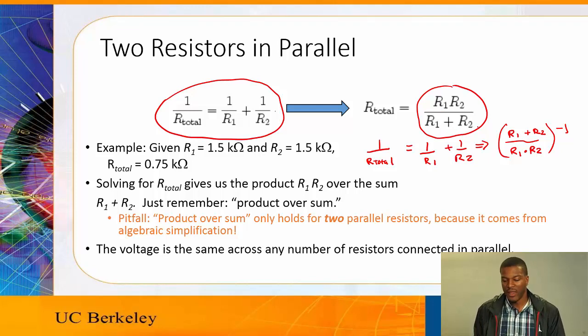The example given in this slide is R1 equals 1.5 and R2 equals 1.5, so R total equals 1.5 times 1.5 over 1.5 plus 1.5.